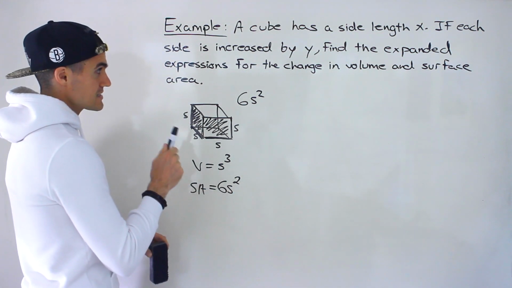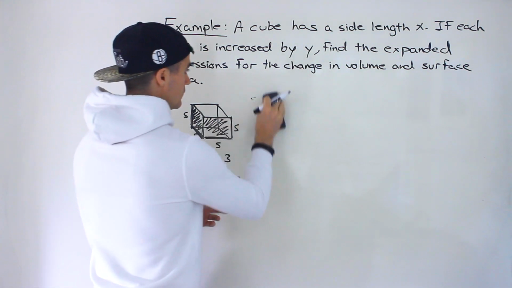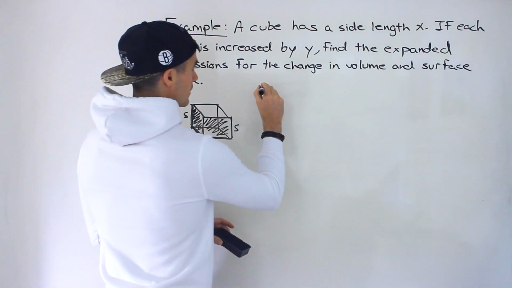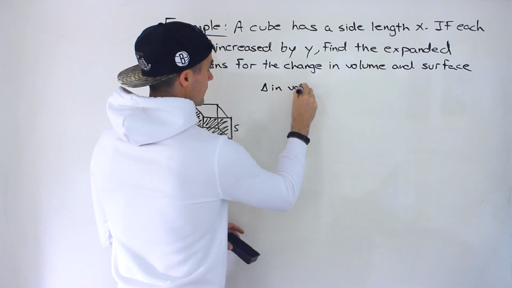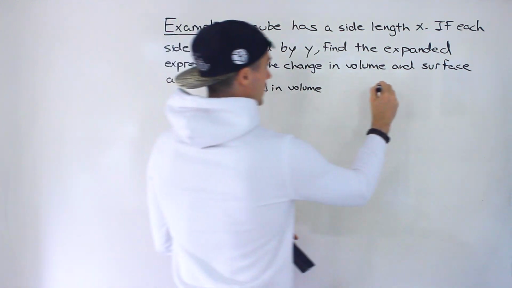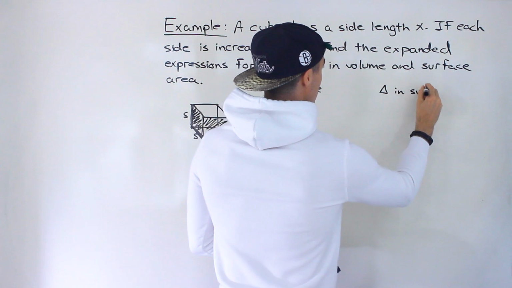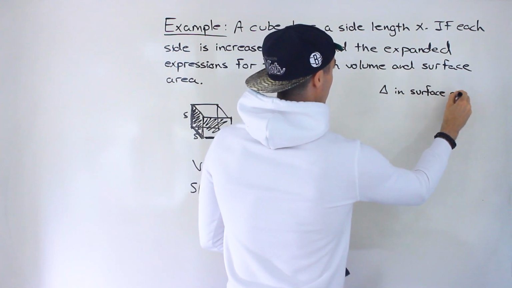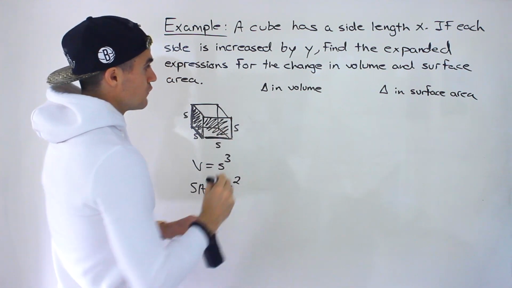Now, what they're asking for is actually the change in volume. So let's write this. We've got the change in volume, and then we have the change in surface area. So what's the change in volume going to be?